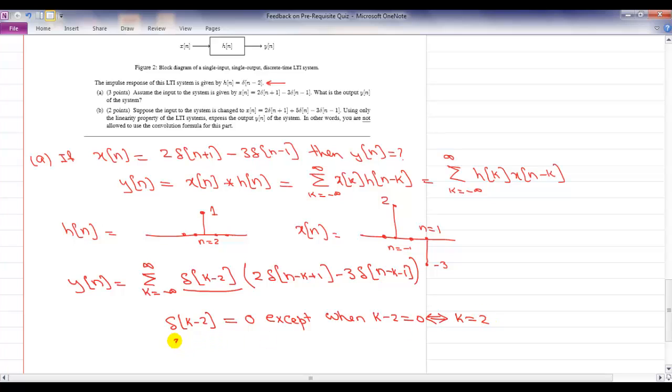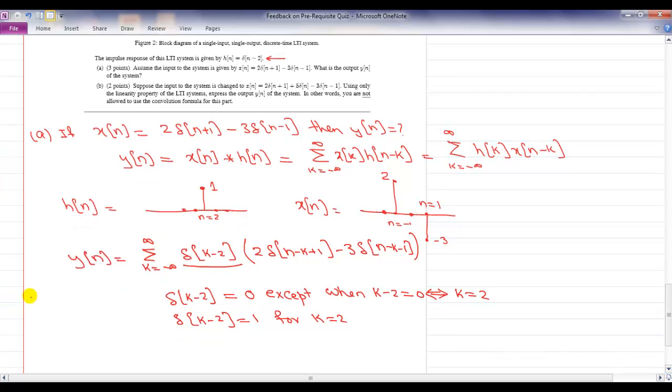So for k equal to 2, delta of k minus 2 equals 1. So this means that all the terms in this summation are 0 except for k equal to 2.